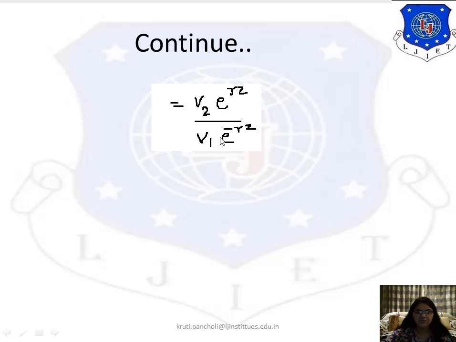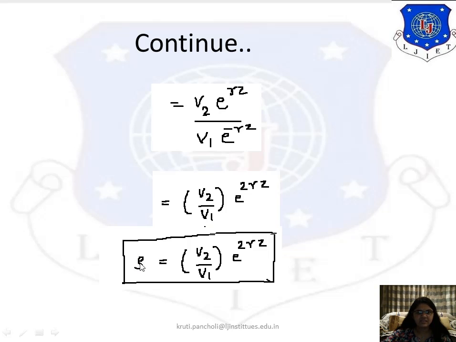My reflected wave is V2 e raised to gamma Z, and my incident wave is V1 e raised to minus gamma Z. So I can write it as V2 by V1 e raised to gamma Z plus gamma Z, so it is 2 gamma Z. So the reflection coefficient rho is equal to V2 by V1 e raised to 2 gamma Z. This shows the magnitude of the reflection coefficient, and this shows the phase.